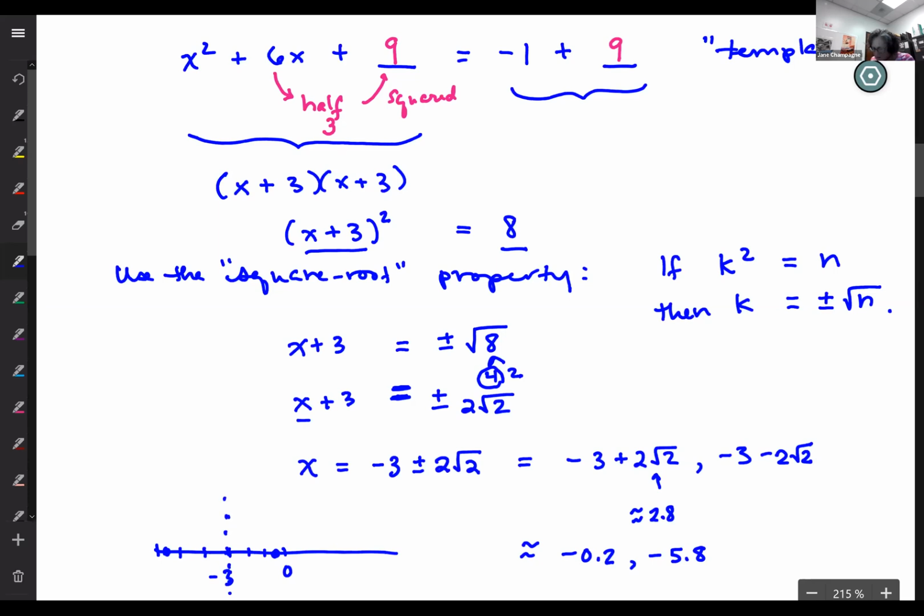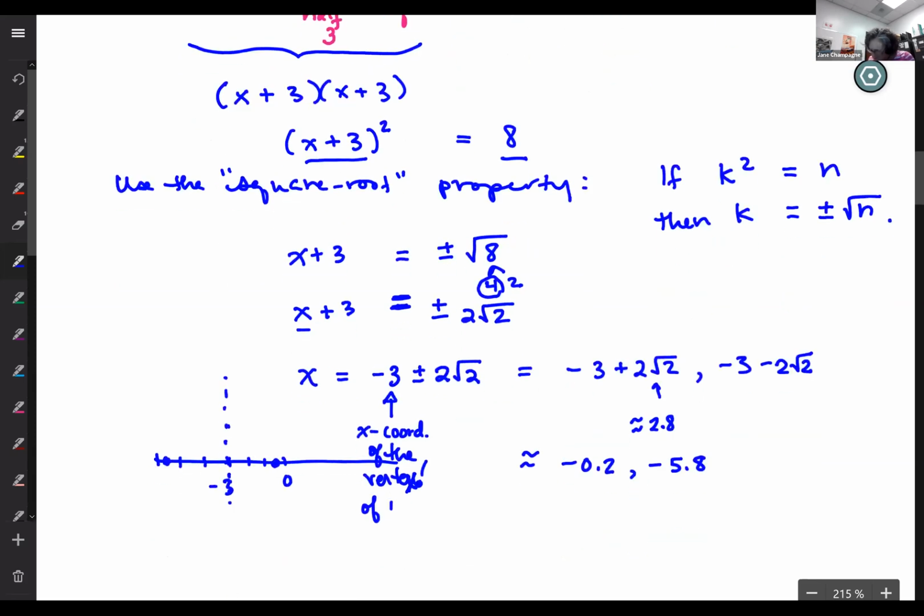The vertex of the corresponding function would have x coordinate -3. I'll write that here. That's going to be the x coordinate of the vertex of the parabola, the graph.